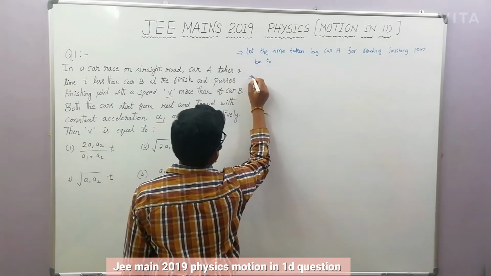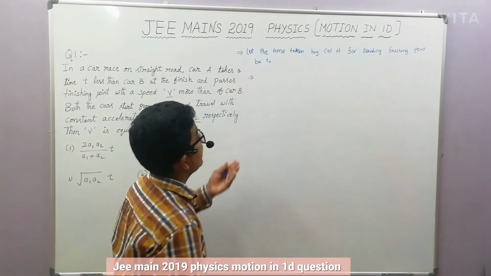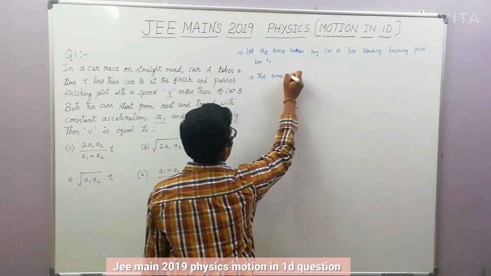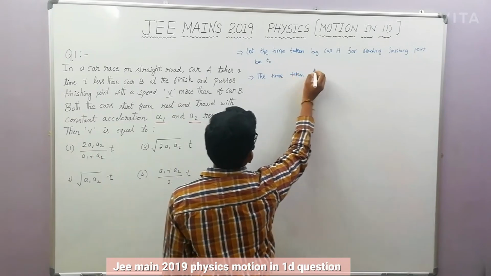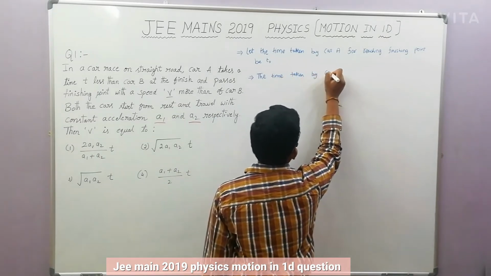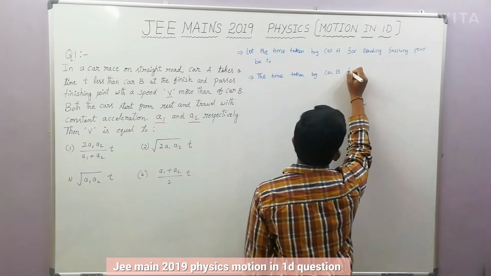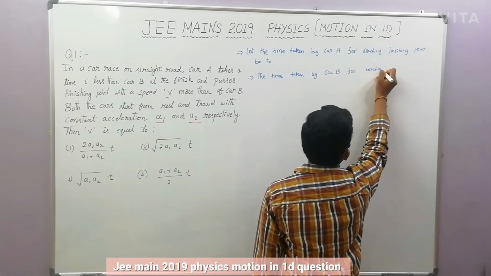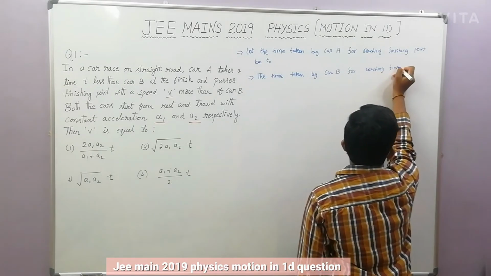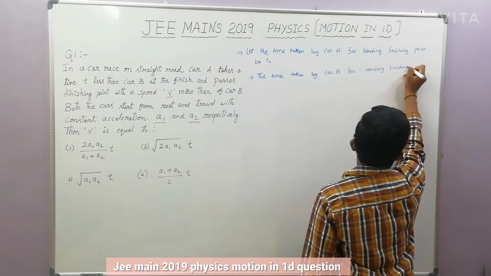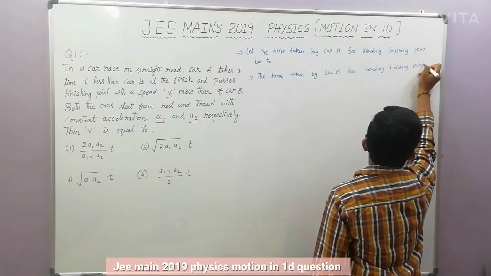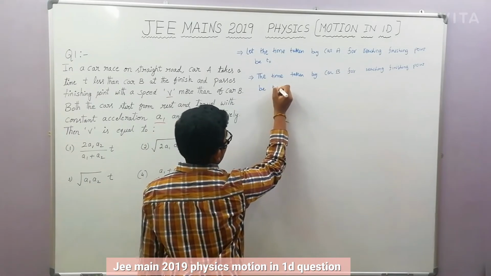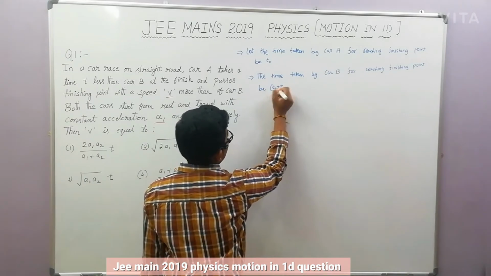Next, the time taken by car B for reaching the finishing point will be t naught plus t.